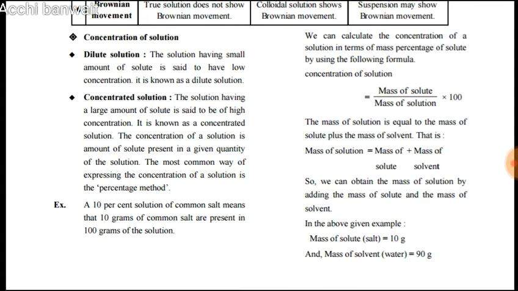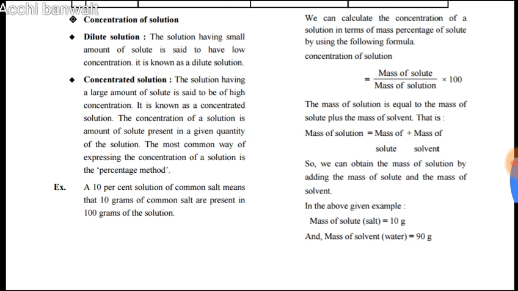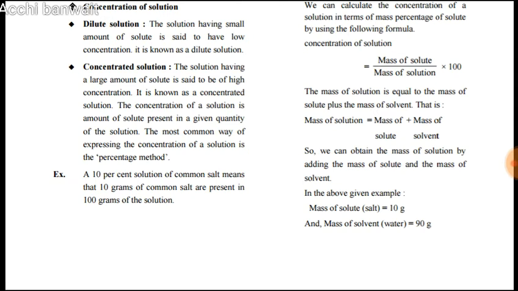that is a concentrated solution. The concentration of a solution is the amount of solute present in a given quantity of solution. The most common way of expressing the concentration of a solution is the percentage method. Example: a 10% solution of common salt means that 10 grams of common salt are present in 100 grams of solution.